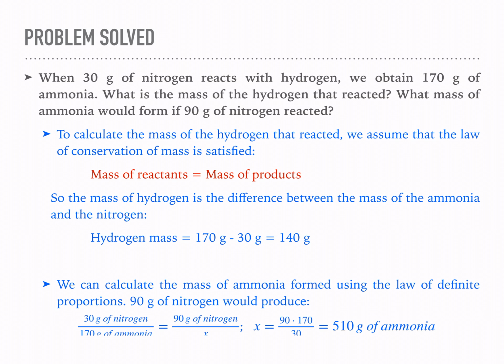To calculate the mass of the hydrogen that reacted, we assume that the law of conservation of mass is satisfied. And it's always the case, because, again, I won't stop telling you this, a chemical reaction is just a rearrangement of atoms. So the mass of reactants is the same as the mass of the products because it's the same atoms.